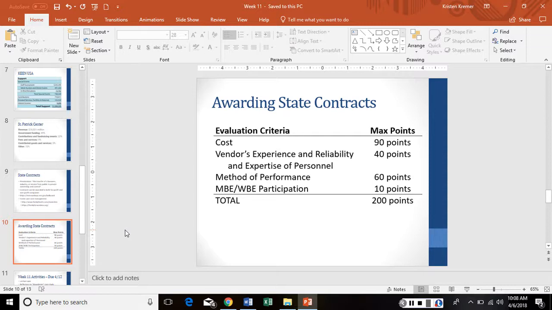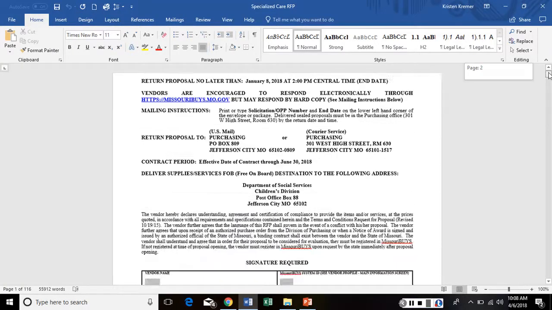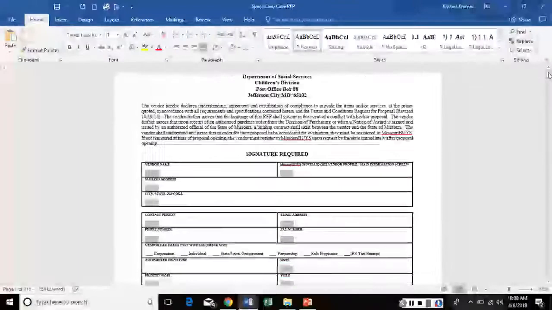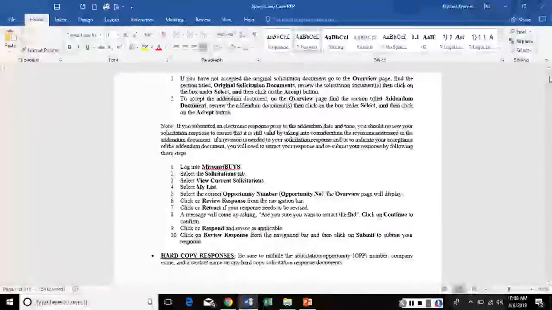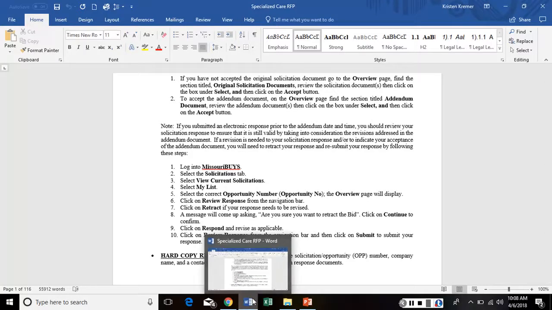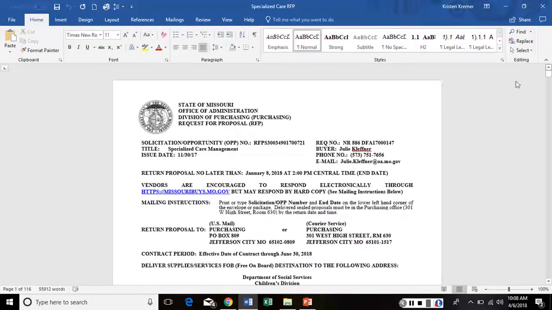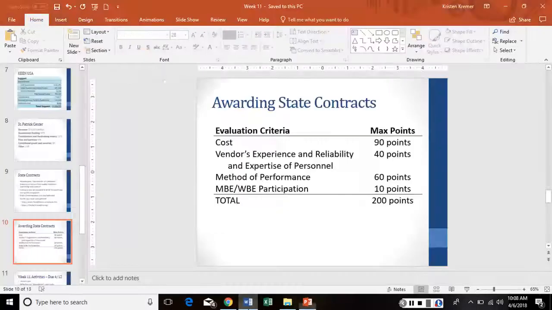They essentially complete an extremely long document called a request for proposal. I have this request for proposal linked on Blackboard, but essentially it stipulates everything they're looking for. You must provide all of these services, with a whole list of what types of services you're going to provide, very outlined.